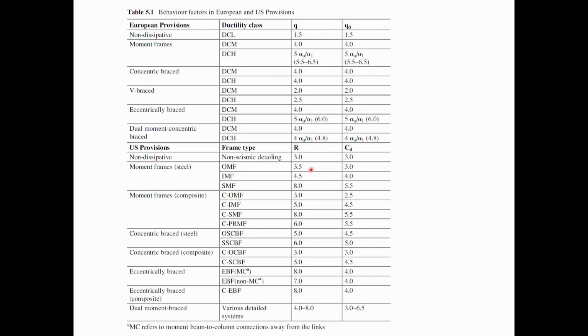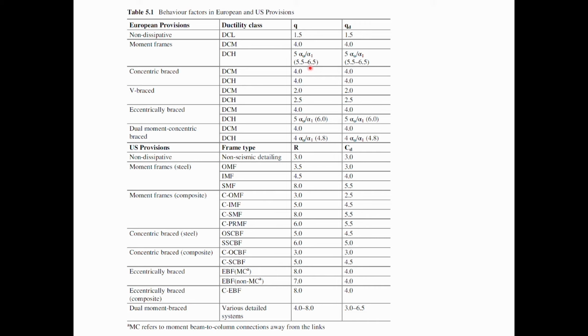For the US provisions, of course, for each different structural typology, we have a different factor. Again, these are empirical. These are based on certain research studies that we have done, but these may change in the future. It doesn't mean that the factor is 100% accurate.